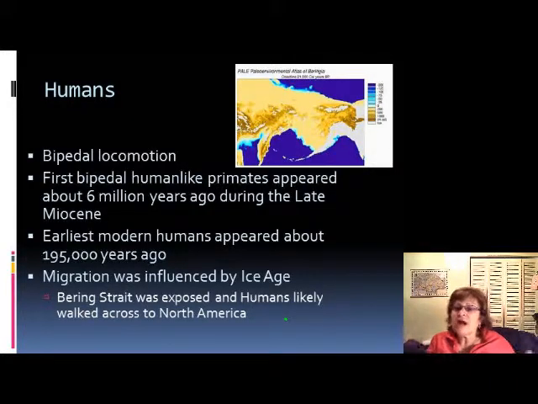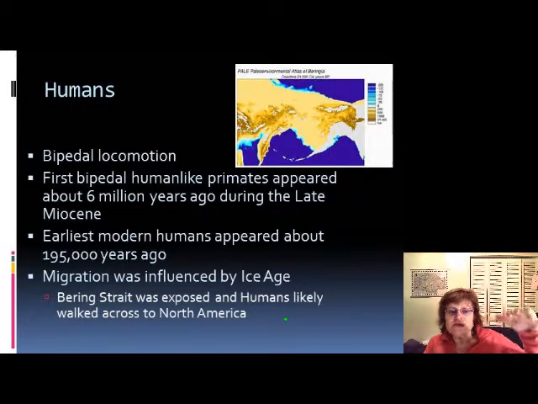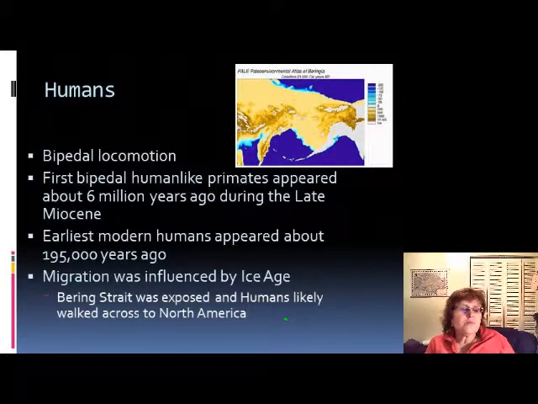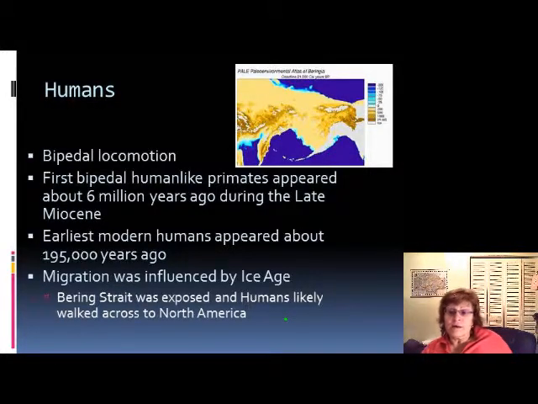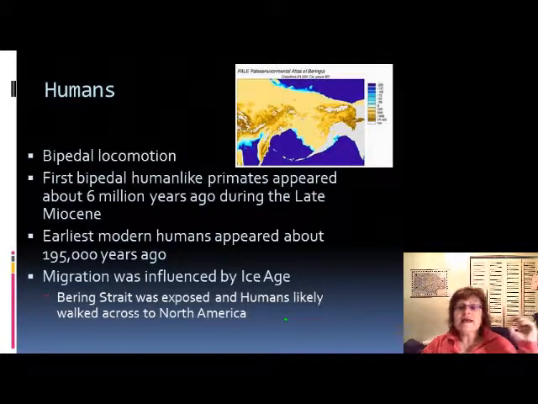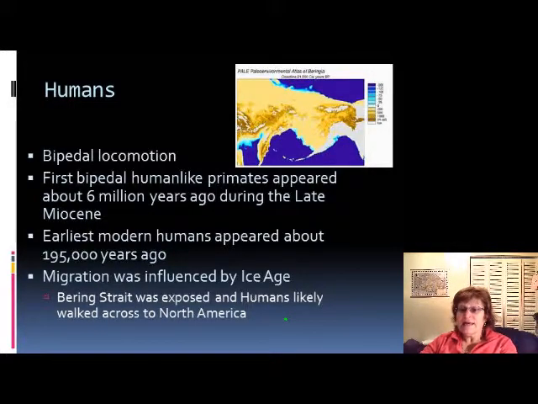As the sea level dropped, humans could migrate from place to place. When sea level was higher, they couldn't. One of the very important ones was the Bering Strait, and this is how they most likely walked across to North America. And I'm going to finish right here and continue with the Quaternary in the next segment. I will see you.